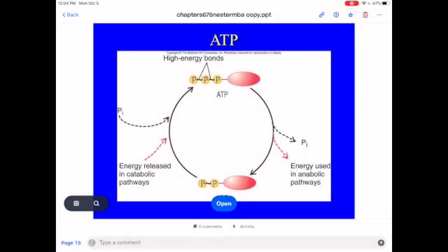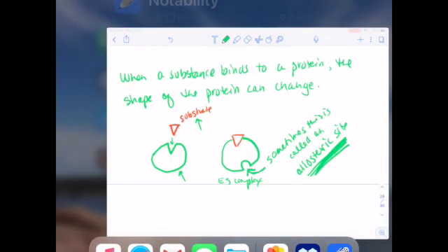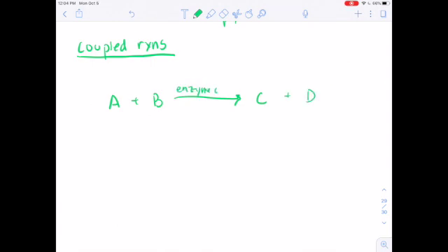So to do that, we'll go back here. These are called coupled reactions. And again, I like to abbreviate reactions and save ourselves the writing. Let's go back to our generic chemical reaction again. Substance A reacts with substance B, in the presence of an enzyme, to form substance C and D. So I'll write enzyme Q is required for that.